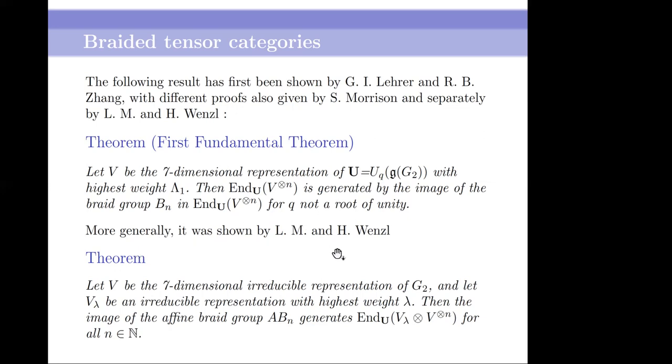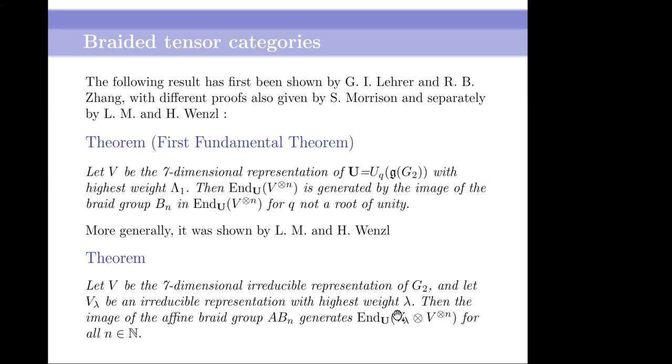More generally, we also show that if V is the 7-dimensional irreducible representation and W is an irreducible representation with highest weight lambda, then the image of the affine braid group also generates this centralizer algebra.